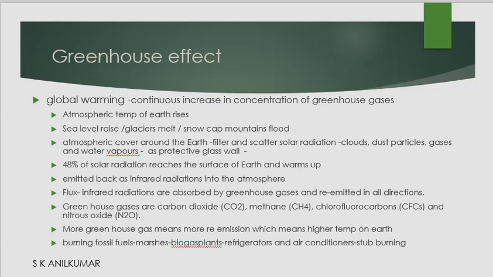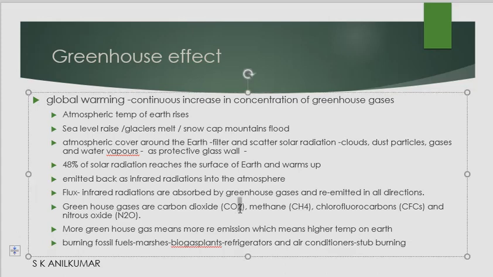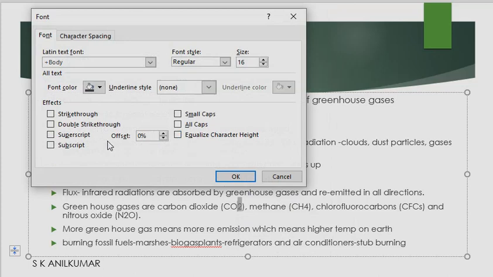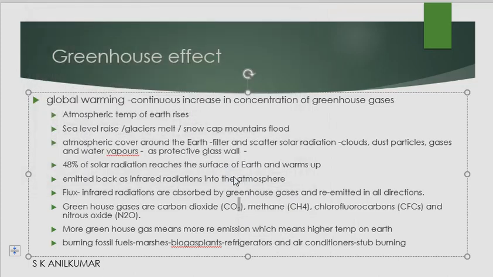So what are the main greenhouse gases? Carbon dioxide, methane, and chlorofluorocarbons are the main greenhouse gases. CH4 is methane, CO2 is carbon dioxide, N2O is nitrous oxide.